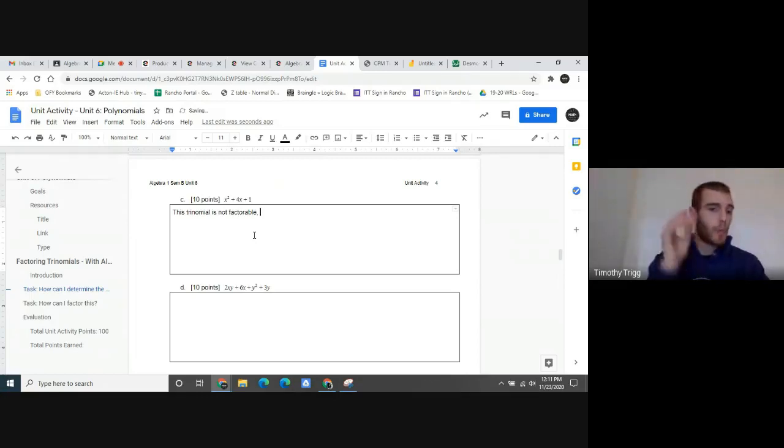And the reason why is because we weren't able to use these terms to make a perfect rectangle. I am not able to put these terms into a perfect rectangle.